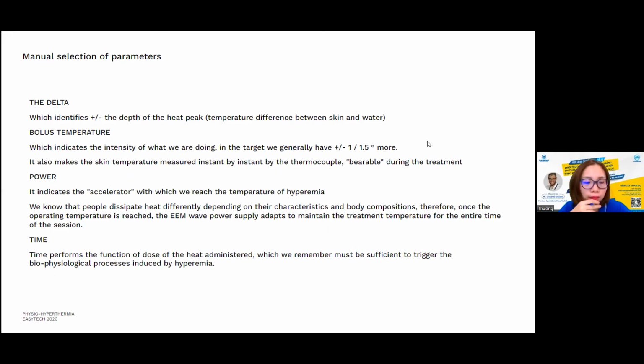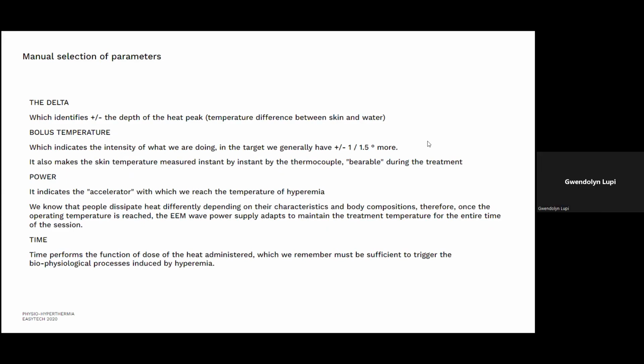I think it will be very useful for you to go again and check out the videos we have sent you, because these videos are explaining the software, so it's just a help to go through the software together. So just checking out the video and acting on the machine, and also about hyperthermia.